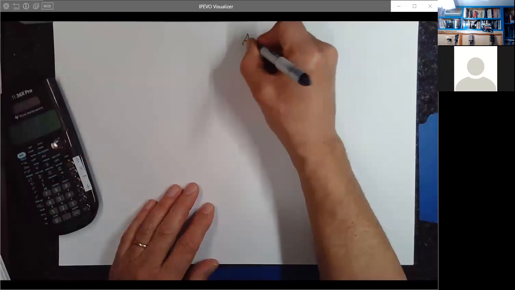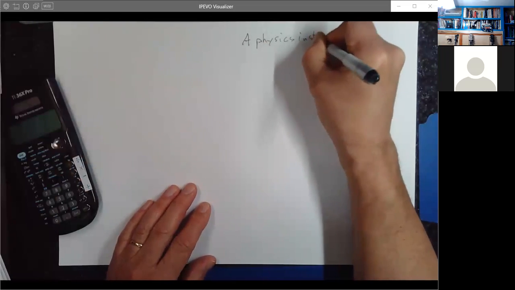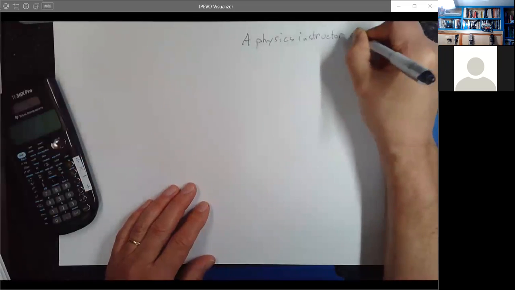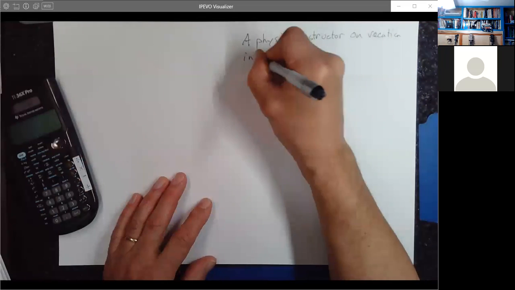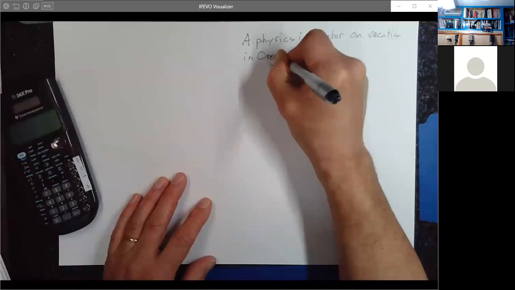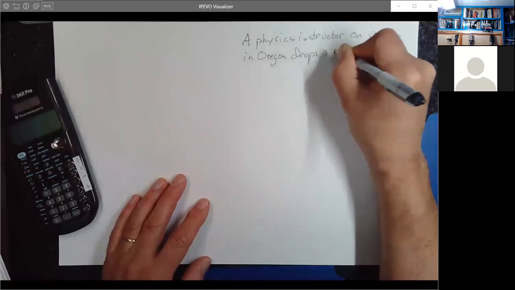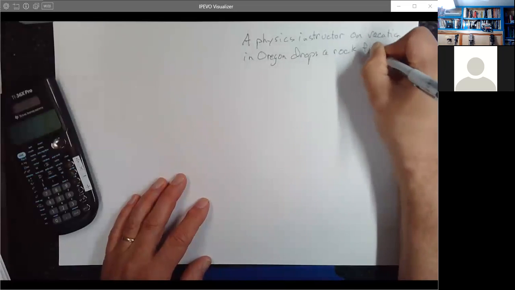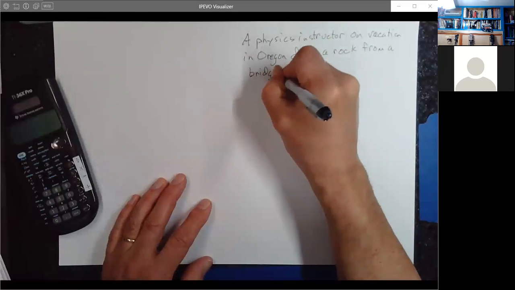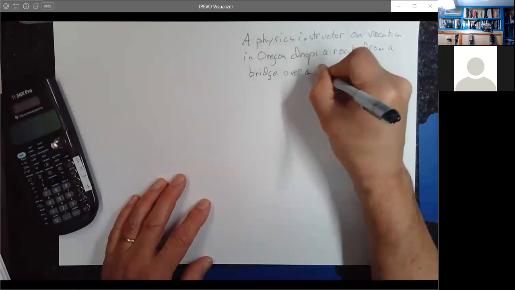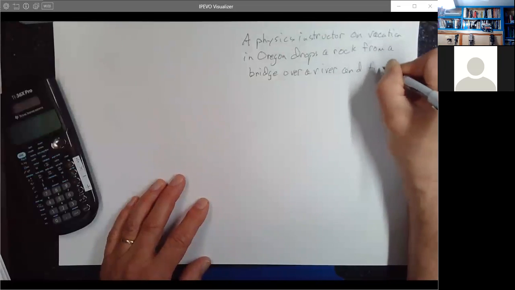So, a physics instructor on vacation in Oregon drops a rock from a bridge over a river and times the descent.